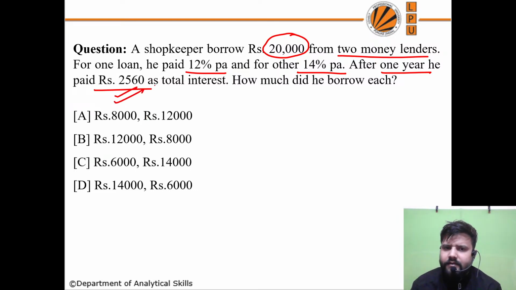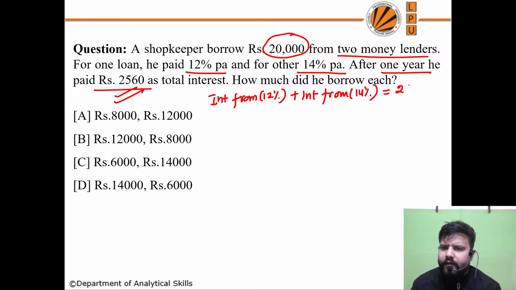So now what will you write here? Interest from 12% plus interest from 14% is equal to 2560. That's what the question says. Now we don't have the principal, so how would I assume it? Let's say your principal is X for the first money lender.